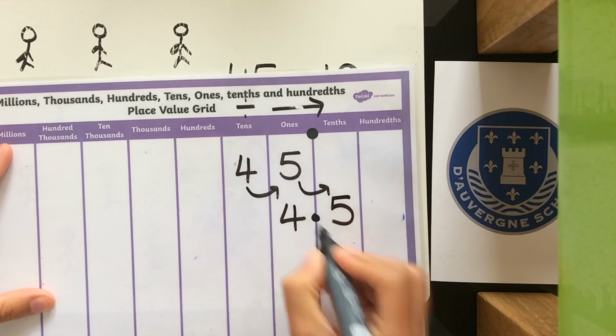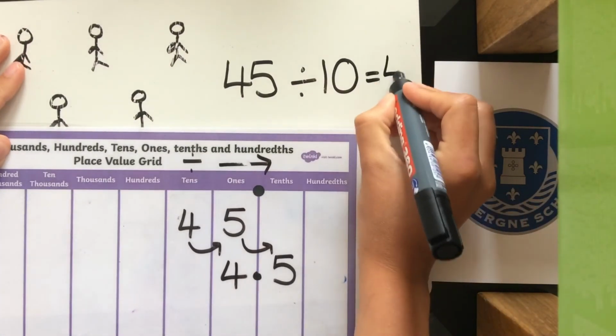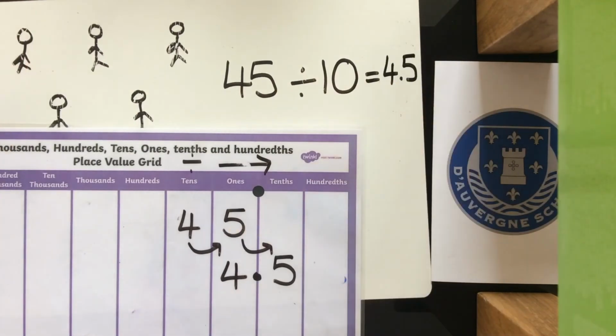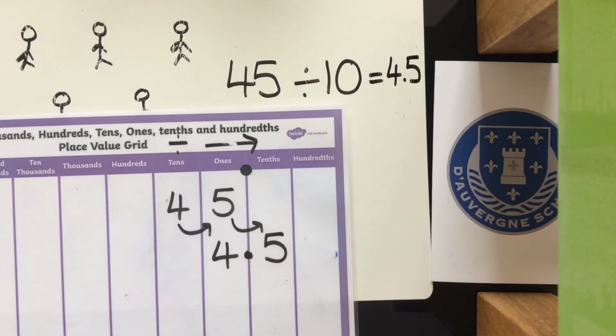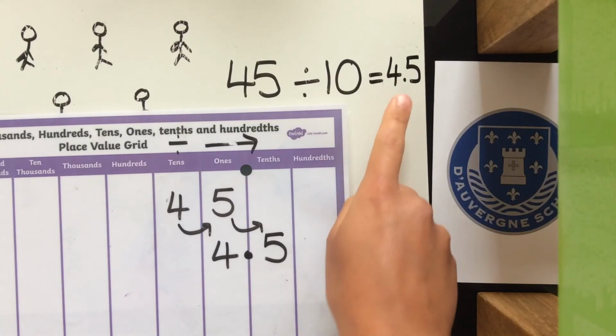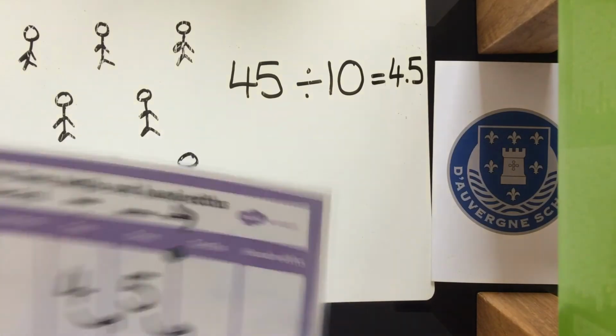But I need to put in my decimal point. So 45 divided by 10 equals 4.5. So they get 4 wholes and 5 tenths of a biscuit, or 4 and a half biscuits each.